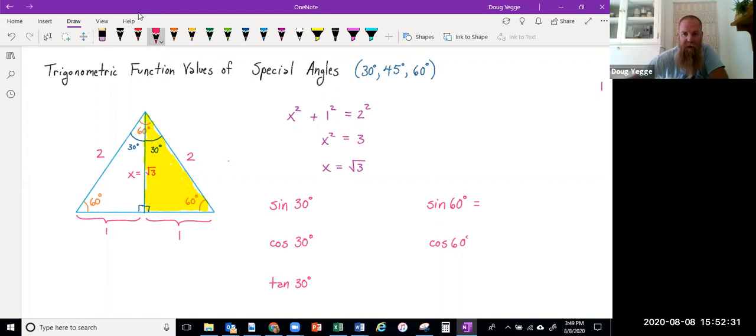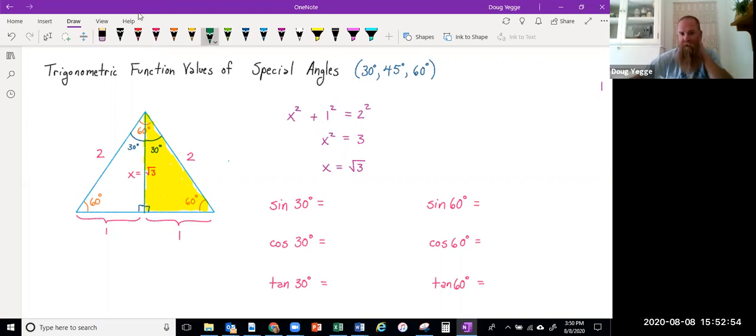We should also recognize, because 30 and 60 are cofunctions, or rather complementary, we know that sine of 30 will equal cosine of 60, and cosine of 30 will equal sine of 60. And so at this point, we're ready to just find out what these values are.